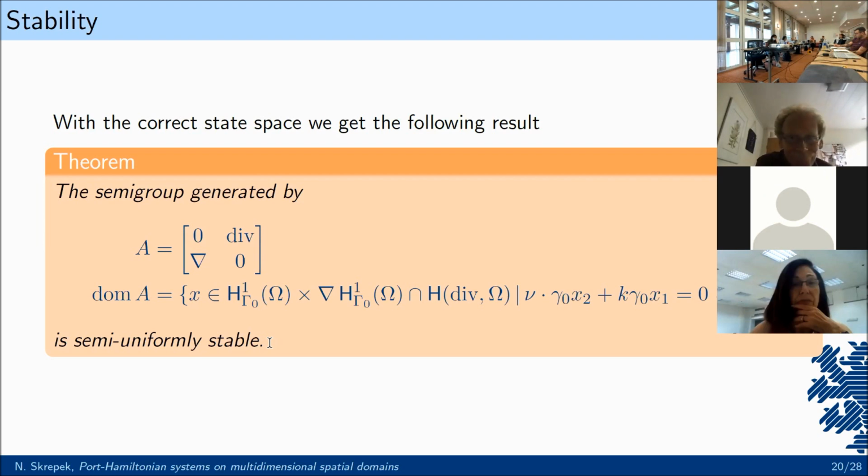I have a result from '98, which says that if you have a compact embedding of the domain of A in X, and you have strong stability, then you have what's called semi-uniform stability. Yeah, this is more or less what I'm using. So you can say I'm recycling old results.